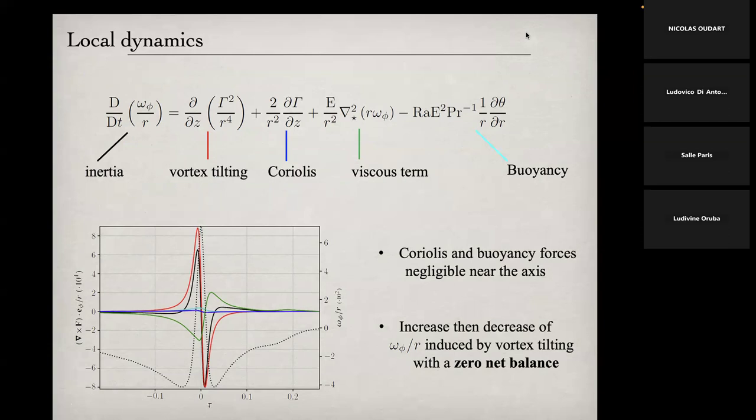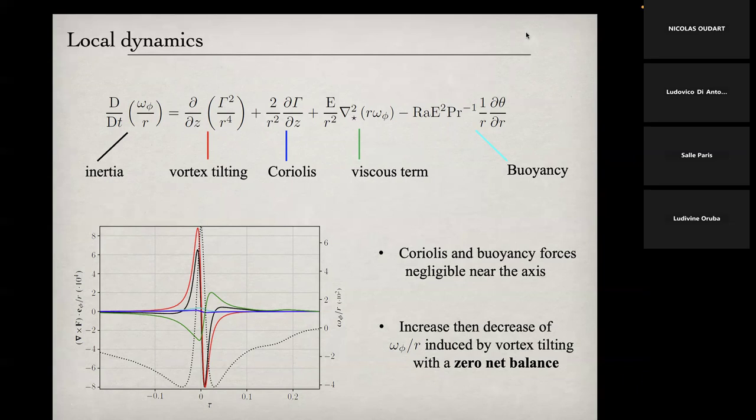What we have done is to superimpose on this figure the evolution of each term of this equation along the streamline. So in black, the inertial term, in red, the vortex tilting term, in blue, the Coriolis term, the viscous term in green, and the buoyancy term in cyan.